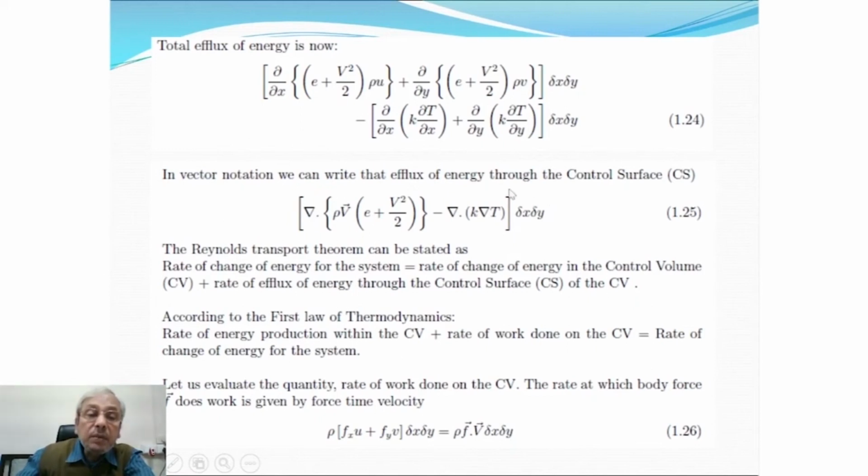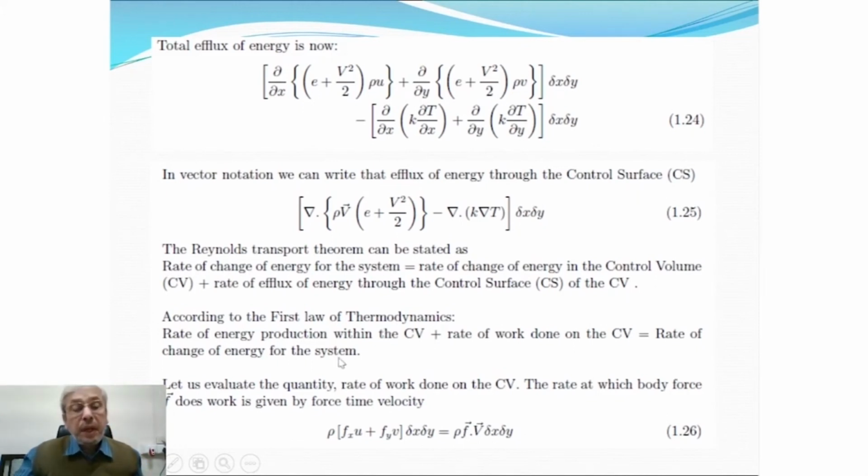These two components, which we have found out, basically give us the rate of change of energy for the system.